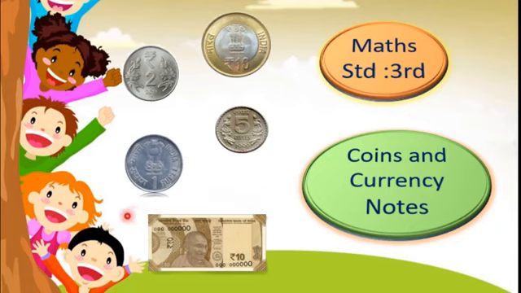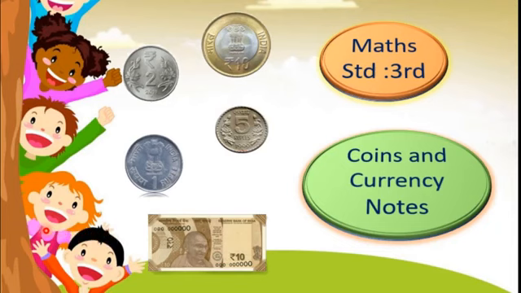Now we will go through the currency notes. The shapes, sizes and designs of these currency notes are changed from time to time. In case of 1 rupee, 2 rupee and 5 rupee denominations, both coins as well as notes are used.